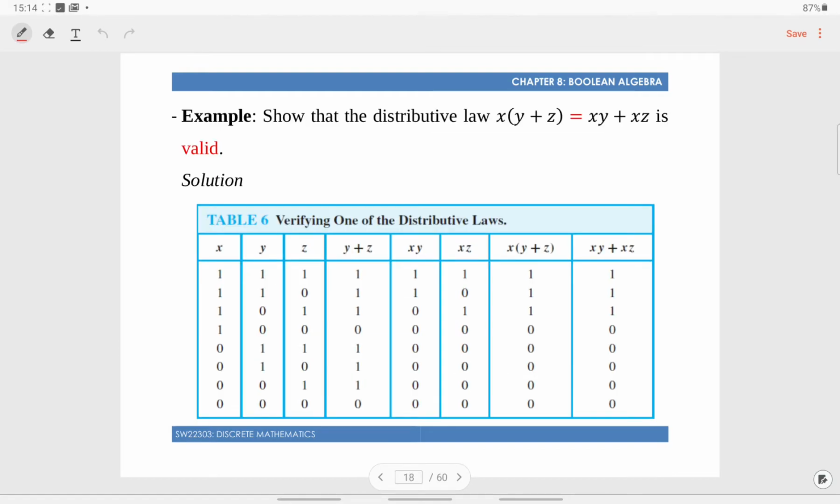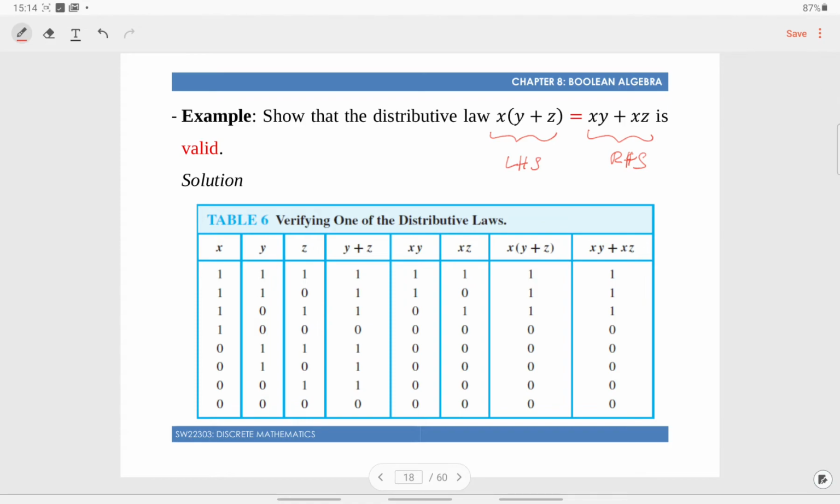Another example. Show that the distributive law from the previous table is valid. What does it mean? It's valid, so we need to show that the left hand side is equal to the right hand side. One of the ways to solve this problem is using a table.